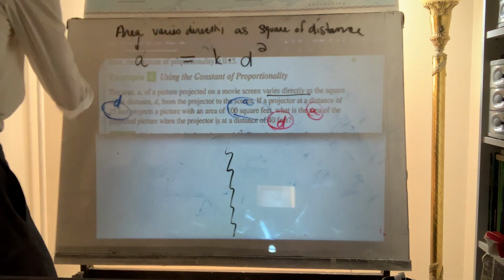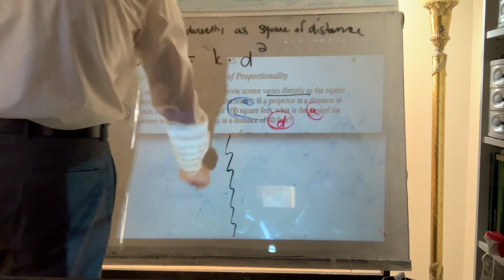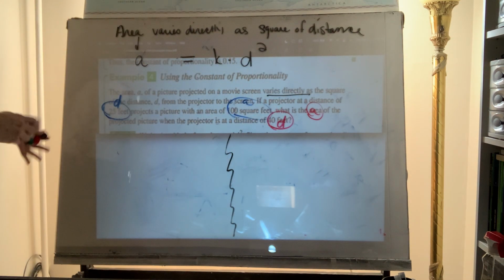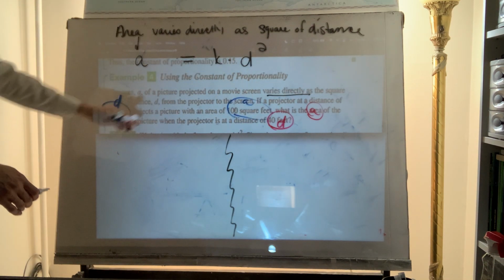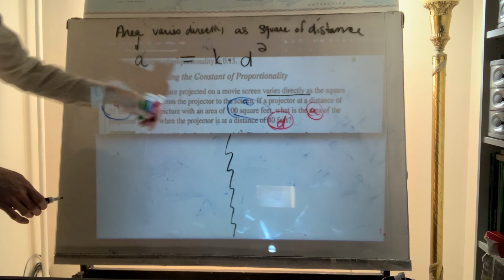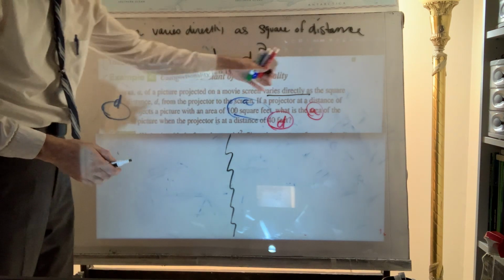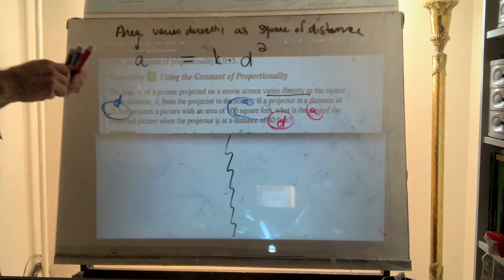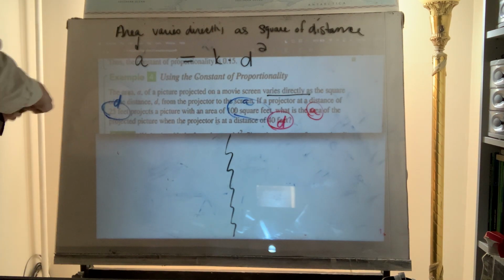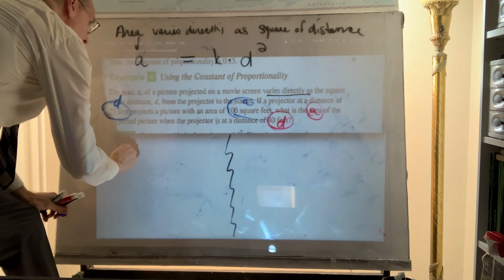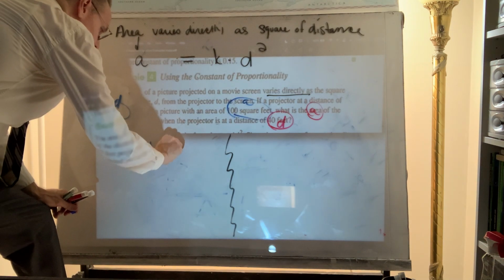So, without calling it part A and part B, I'm going to do what is blue first, to figure out what K is in this model, and then use that value to answer what is in red. So, A is equal to K times D squared.